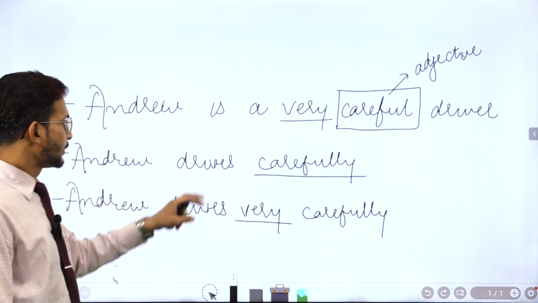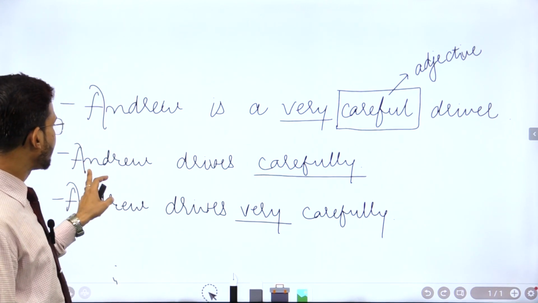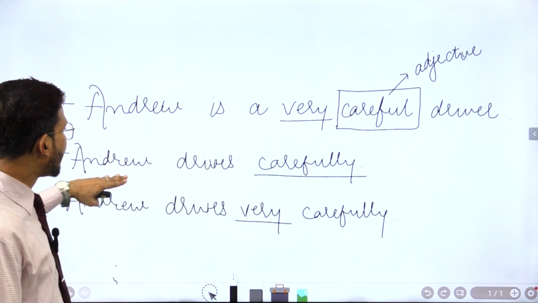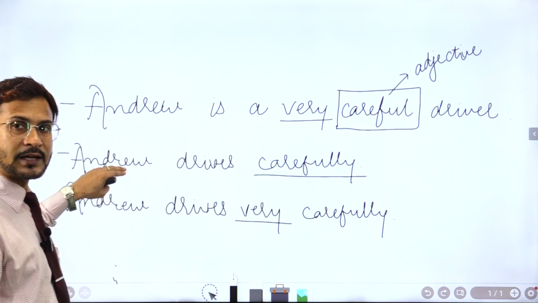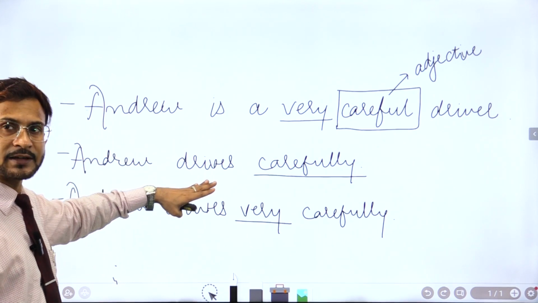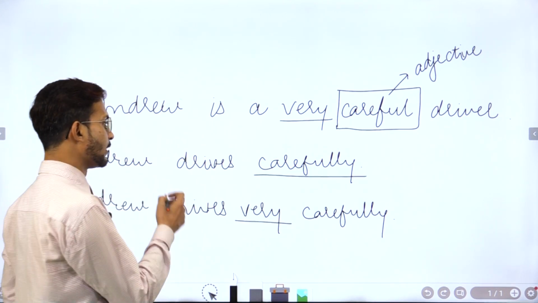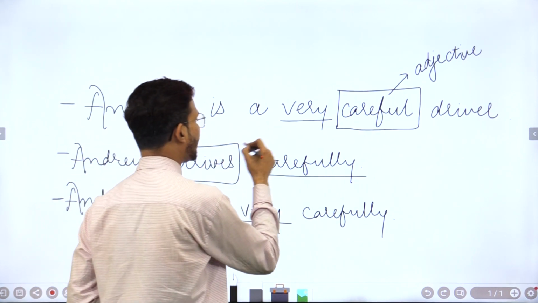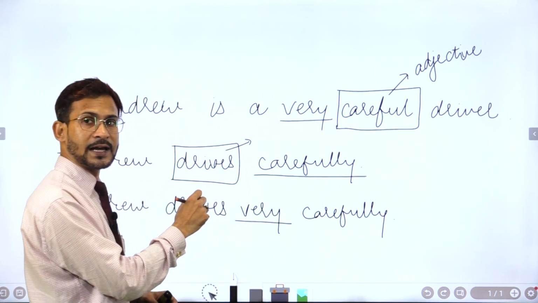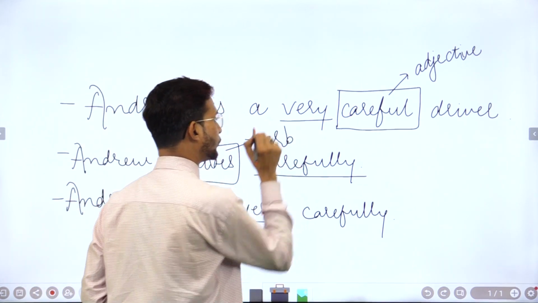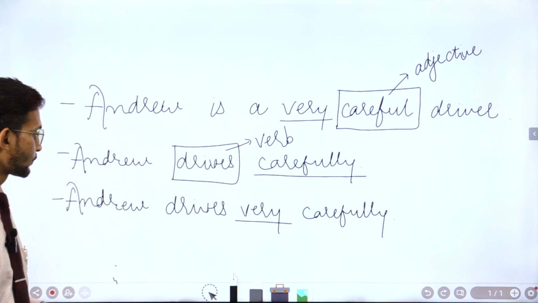Now, here it is written Andrew drives carefully. Andrew is the subject because Andrew is performing the action. What action is he performing? The action being performed is driving. So here we have the word drives, and as it denotes an action, it is known as a verb in English.